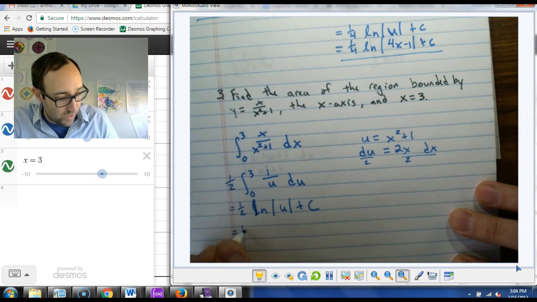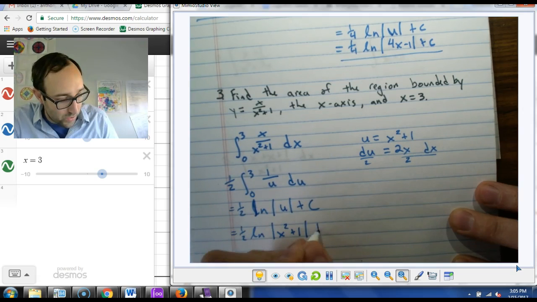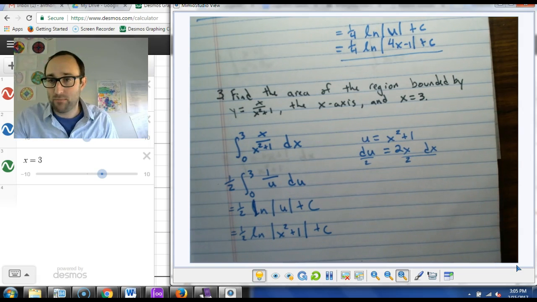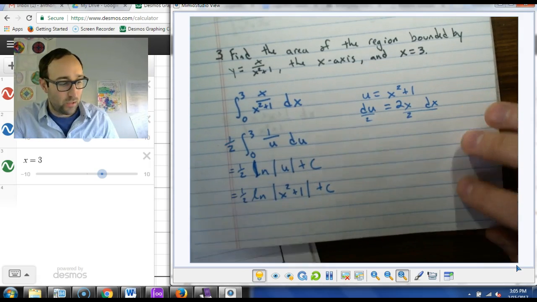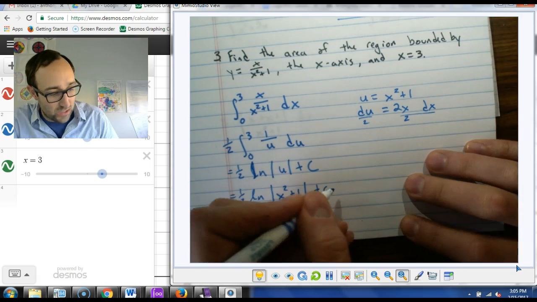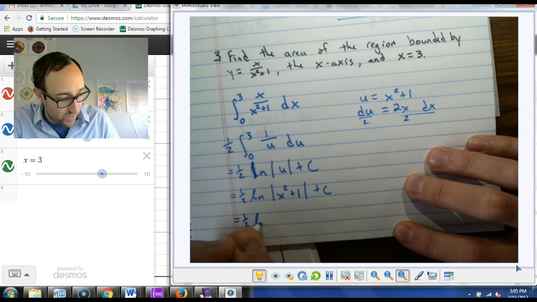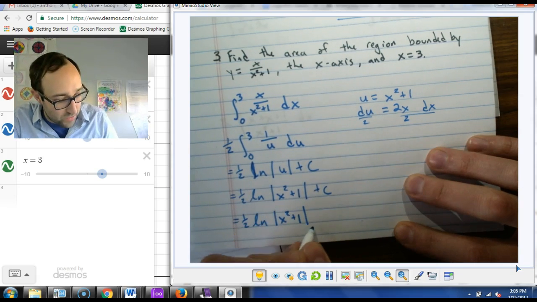So I can say this is 1/2 natural log, u is x squared plus 1, plus c. Right? Yes, it is. Okay. Good. Now, what we're going to do is evaluate it, so this is the same as 1/2 natural log absolute value of x squared plus 1 from 0 to 3.